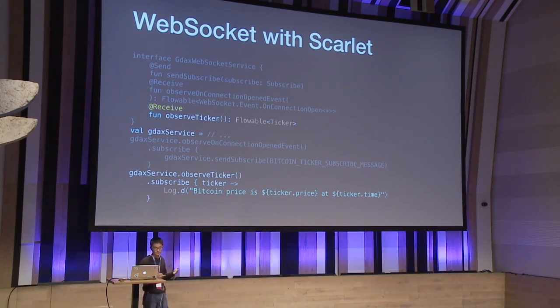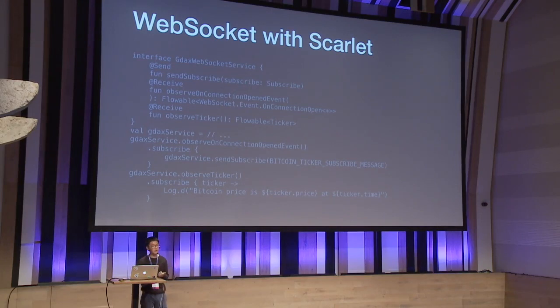Next, we process the ticker by subscribing to the right method. And that's it. It only takes around 10 lines of code, and you'll have a production-ready WebSocket client for GDAX.